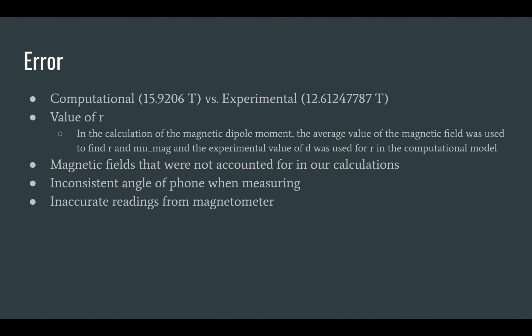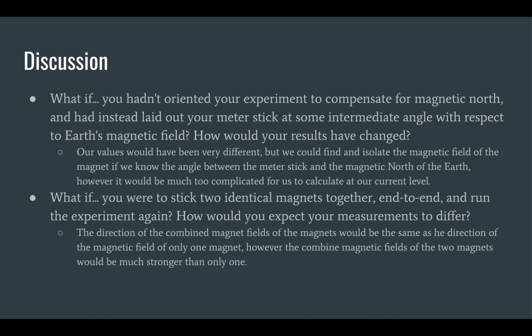That could have been a source of error. Magnetic fields that were not accounted for in our calculations could have caused some error. An inconsistent angle of the phone when measuring could have also caused some error, as could inaccurate readings from the magnetometer.